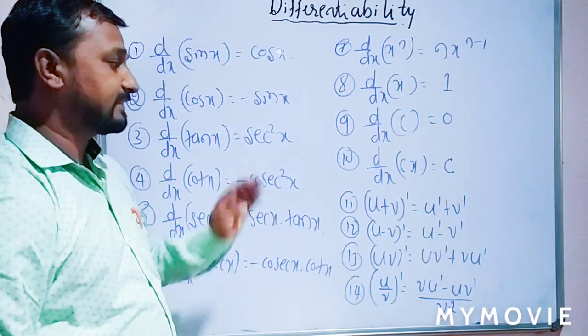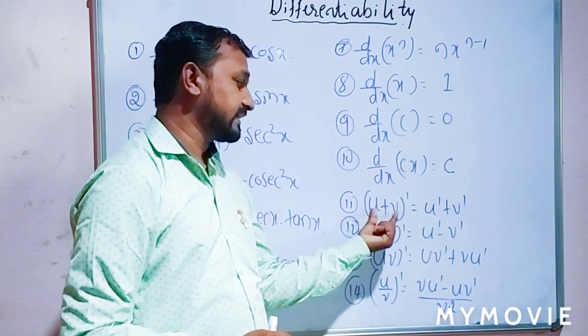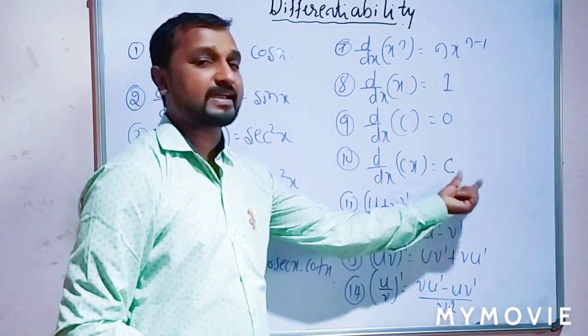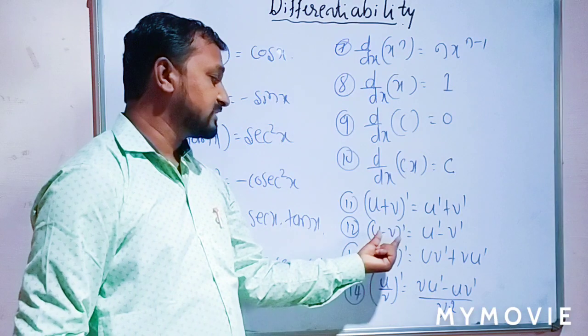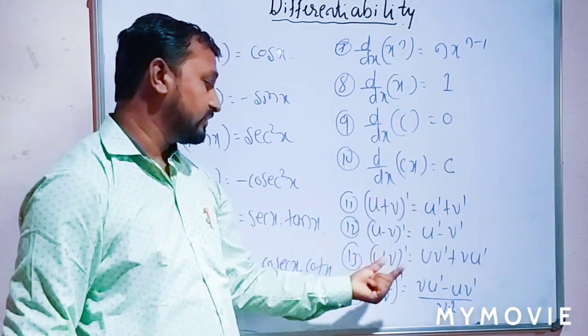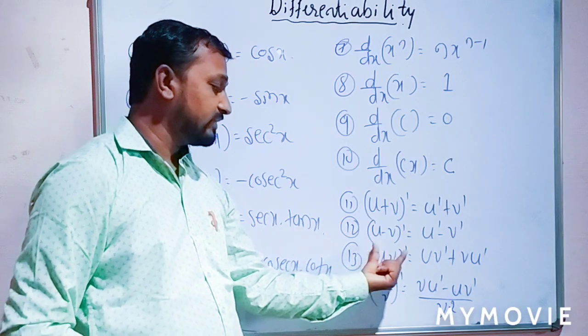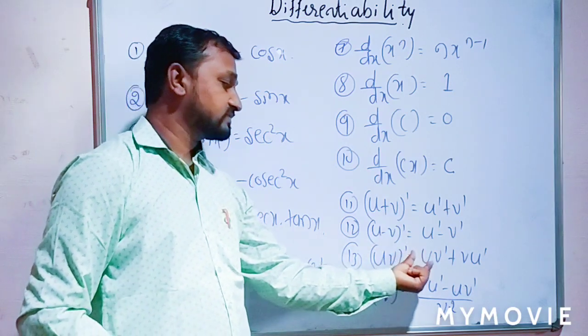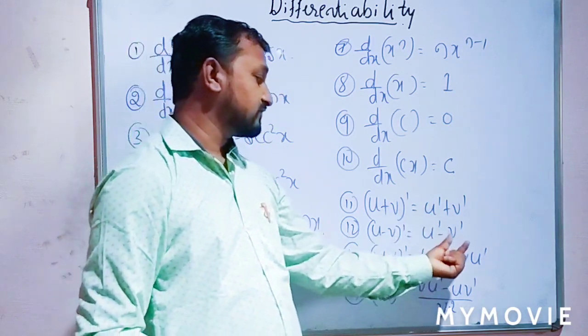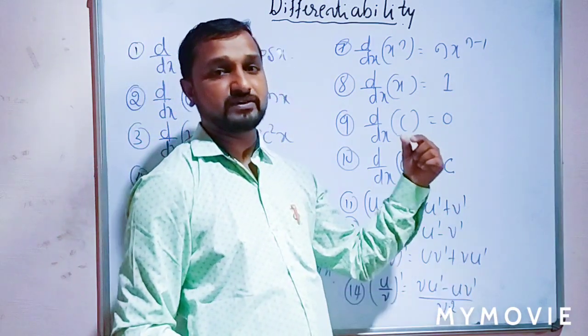Okay, so already we know the formula: derivative of first function plus second function is derivative of first function plus derivative of second function. So u minus v whole dash equal to u dash minus v dash. So dash is said to be derivative. For the product of first function and second function, the derivative is first function keep as it is, derivative of second function, plus second function keep as it is, derivative of first function.